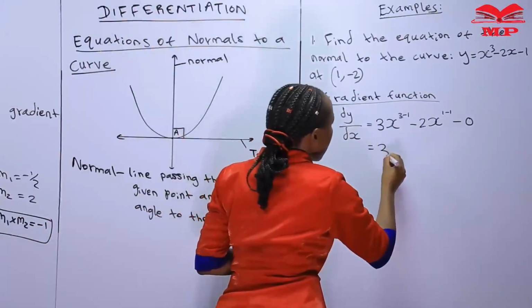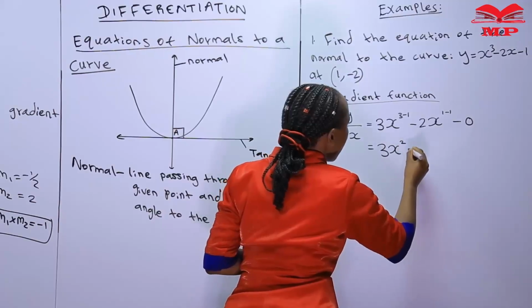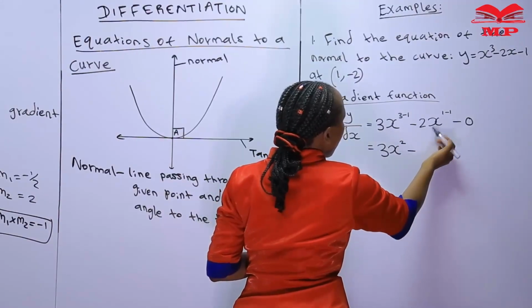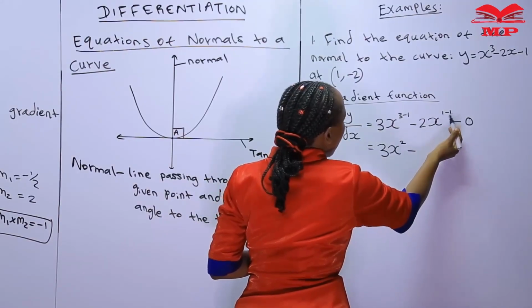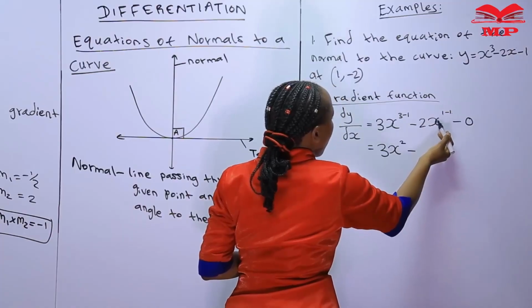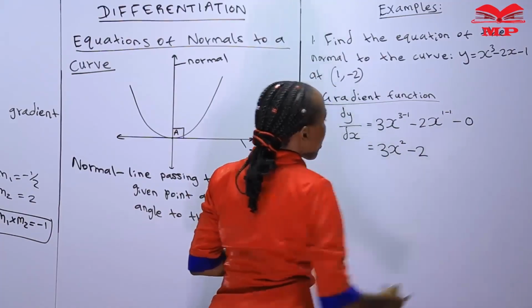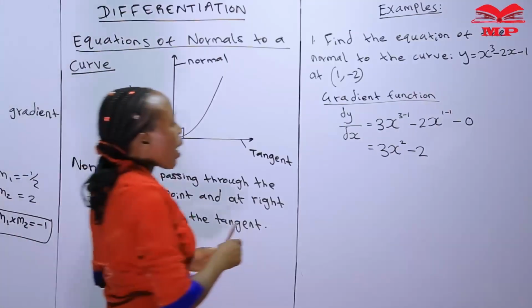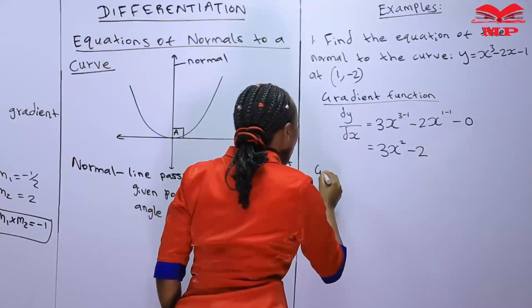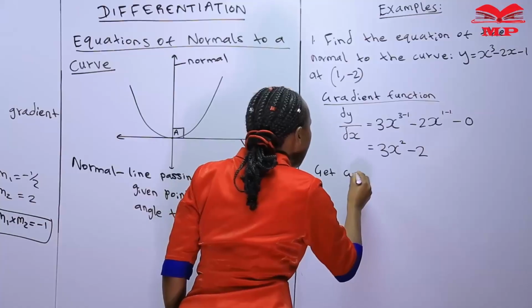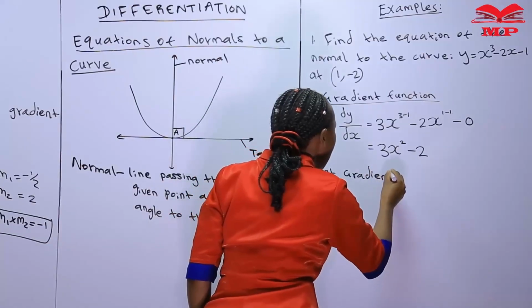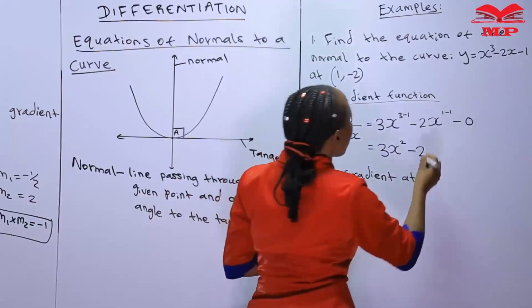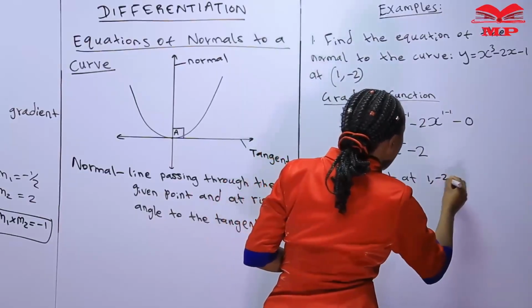So we have 3x squared, and 1 minus 1 is 0, and a number raised to power 0 is 1, so we have minus 2. So that is the gradient function. Then after getting the gradient function, we need now to get the gradient at the point 1, negative 2.